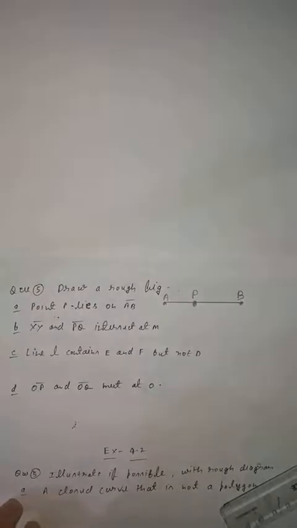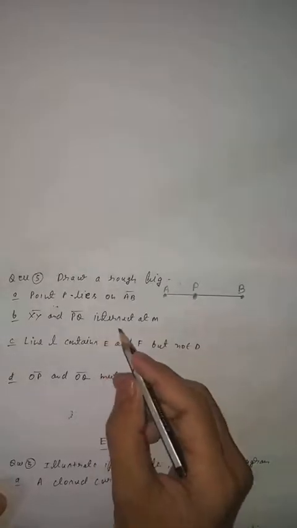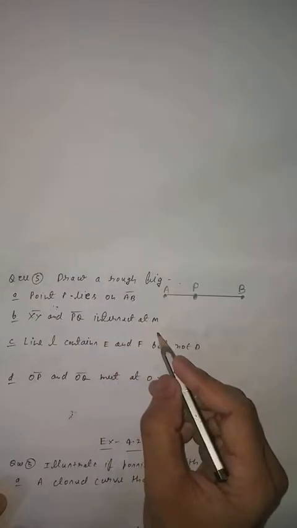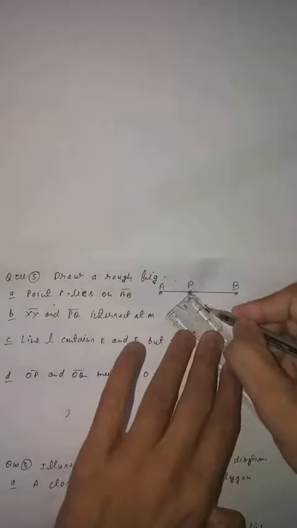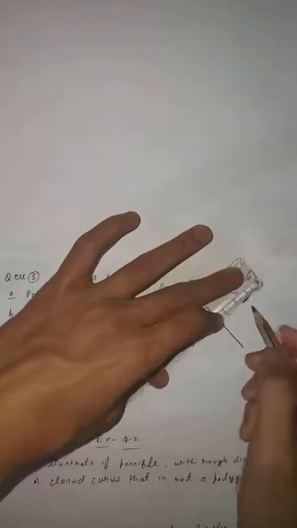Now students, our next question is, the second question is XY and PQ intersect at M. Clear, students? So how will you make this? XY and PQ. Clear, students? So first, intersect means they will intersect each other. You can form like this.